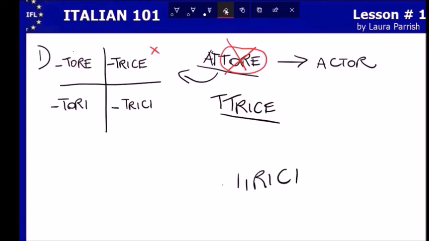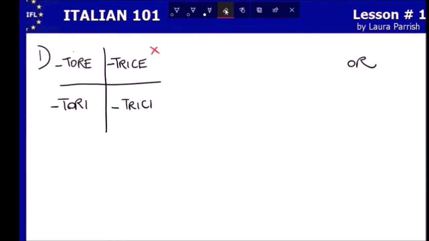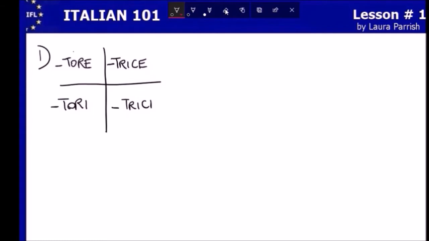And I know that I told you that I will never write again gender and number in my square, my cross that I use, but just for one time, I want to make sure you got it.